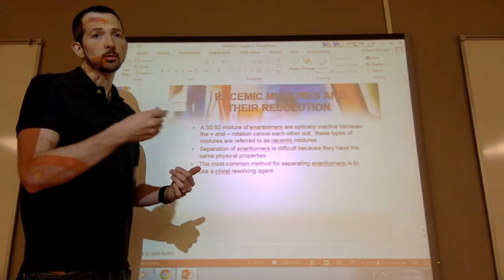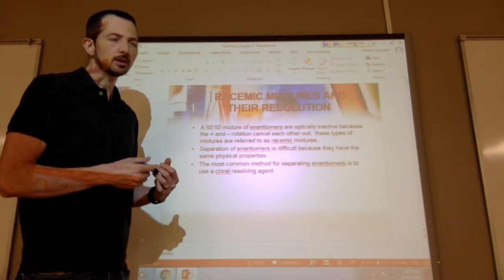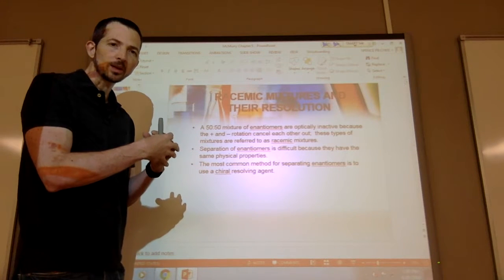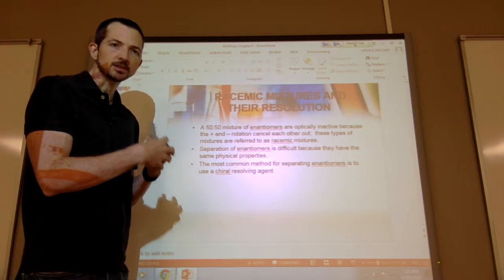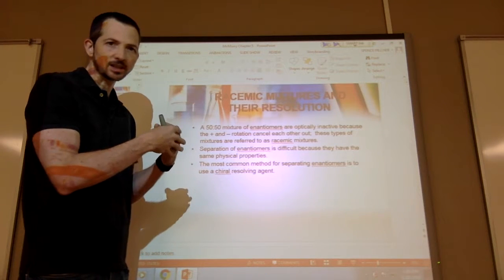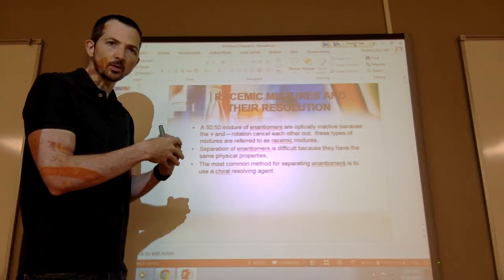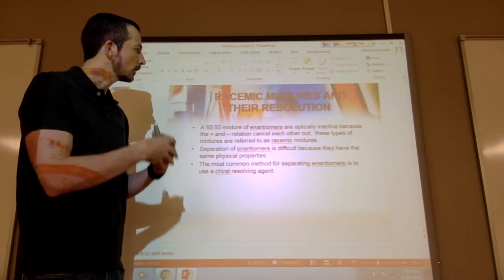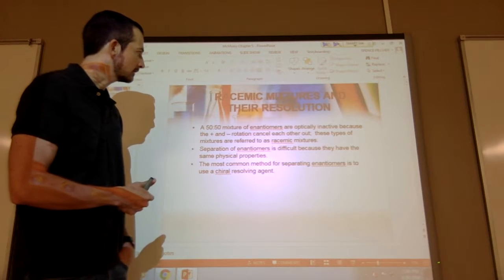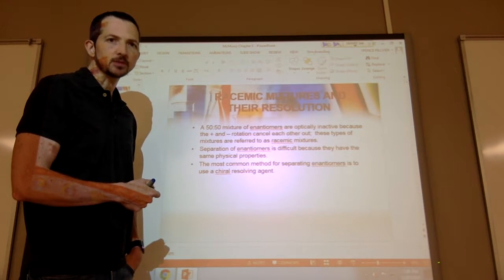The S enantiomer will rotate at minus 15 degrees. And so if you have a 50-50 mixture of both, they rotate to the same extent but in opposite directions, they cancel each other out. It does not rotate plane polarized light, and so it's optically inactive. So that's what's known as a racemic mixture.